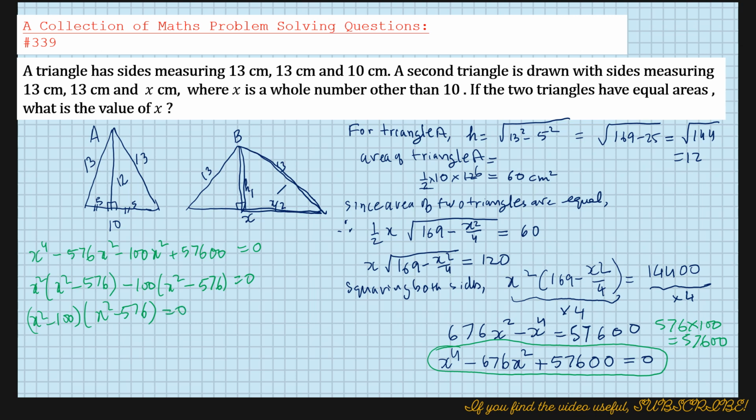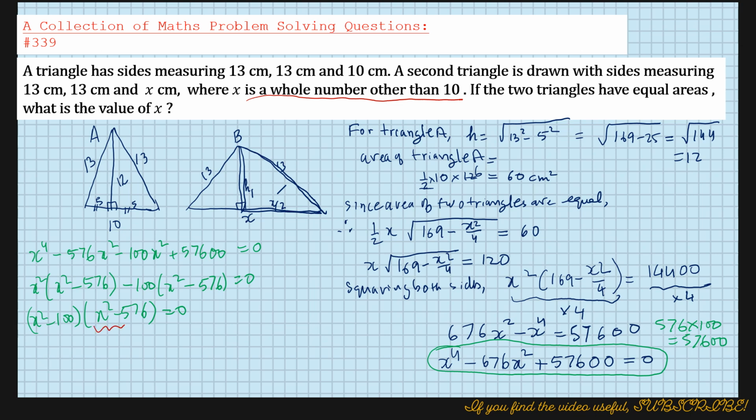Now if x squared minus 100 is 0, this would give us x equals 10, but we've been told that x is a whole number other than 10, so we can't use this value.